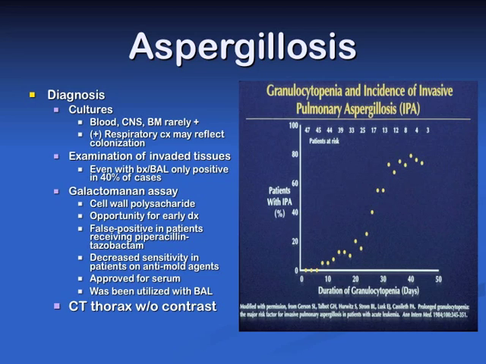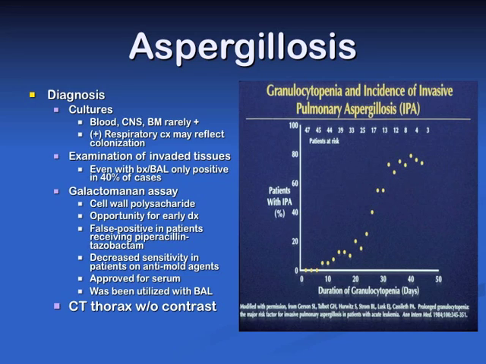So this can be useful for early detection of aspergillosis as a screening tool. It's FDA approved for the serum, and I was just informed last night that it's been FDA approved for use with bronchoscopy, which is very exciting, which can help us pick up perhaps quite a few more of these cases and get a more definitive diagnosis.